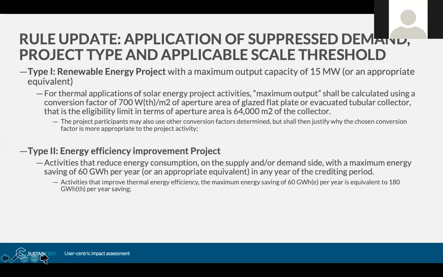However, small scale projects and VPAs which solely comprise distributed units, applying the unit level thresholds, are basically not required to demonstrate compliance with the applicable small scale thresholds at the aggregate level of the project and VPA. So this basically provides clarity on the small scale project type and the scale threshold which is applicable to the submitted project activity.